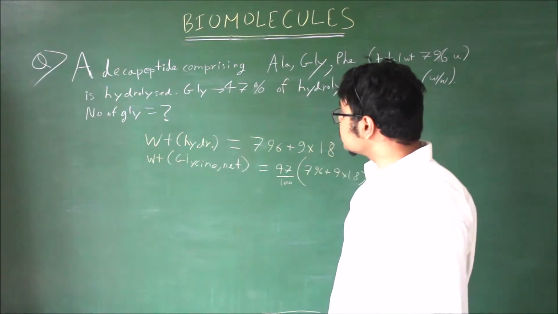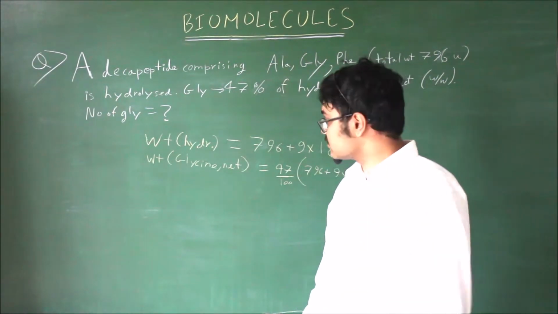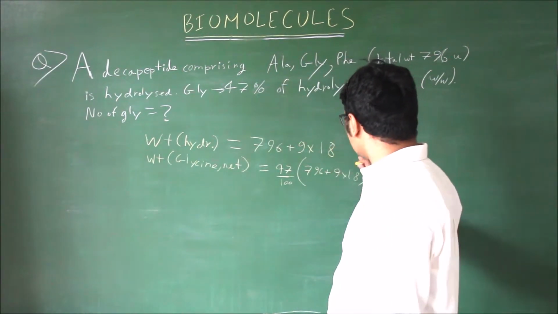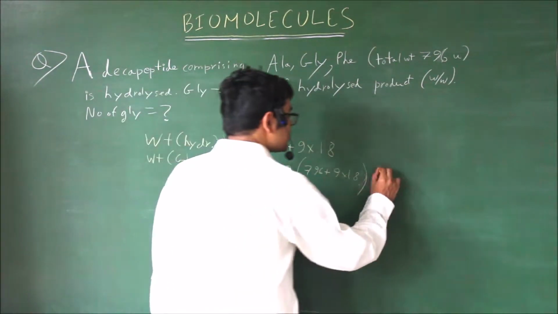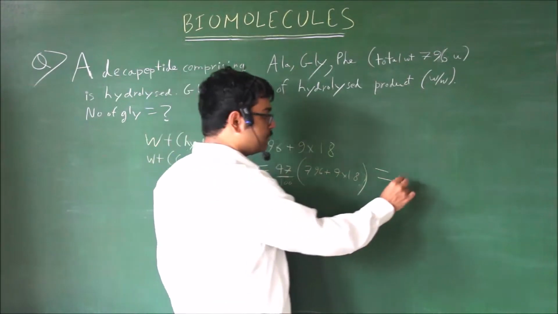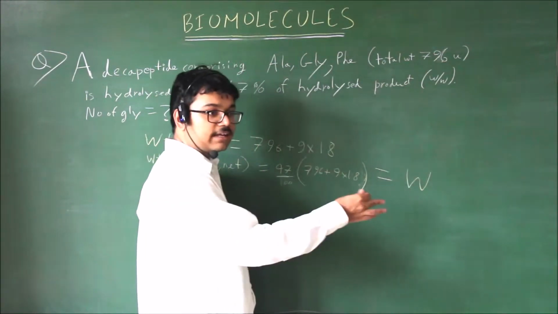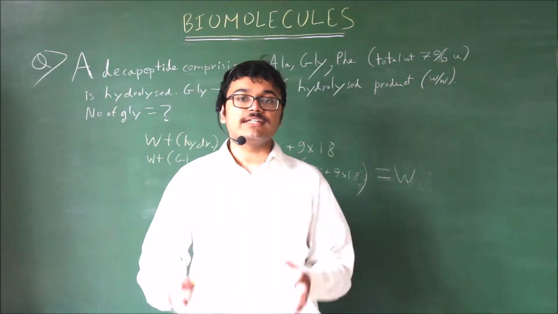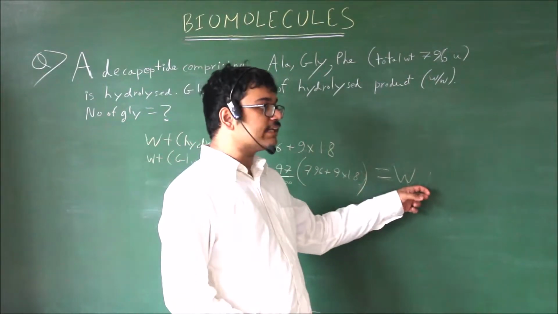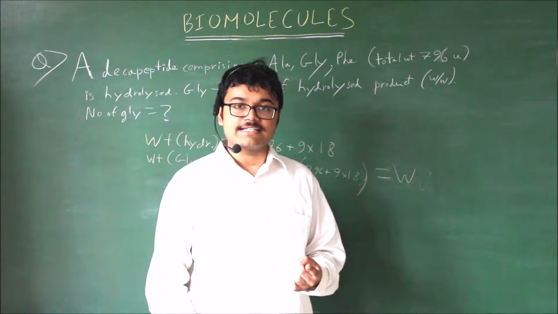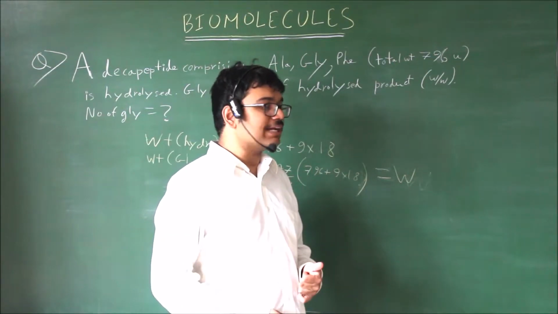But we also know what the weight of just one glycine is, right? So if we want to get the number of glycines, we're going to take this, let me just denote this by the symbol W, because it's taking up too much space otherwise. To know the number of glycine amino acids, we take this total weight and divide by the weight of one glycine.